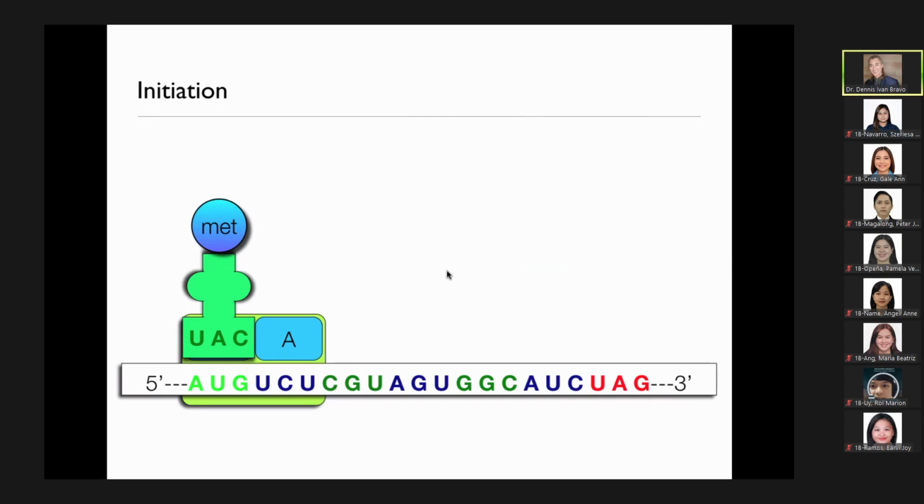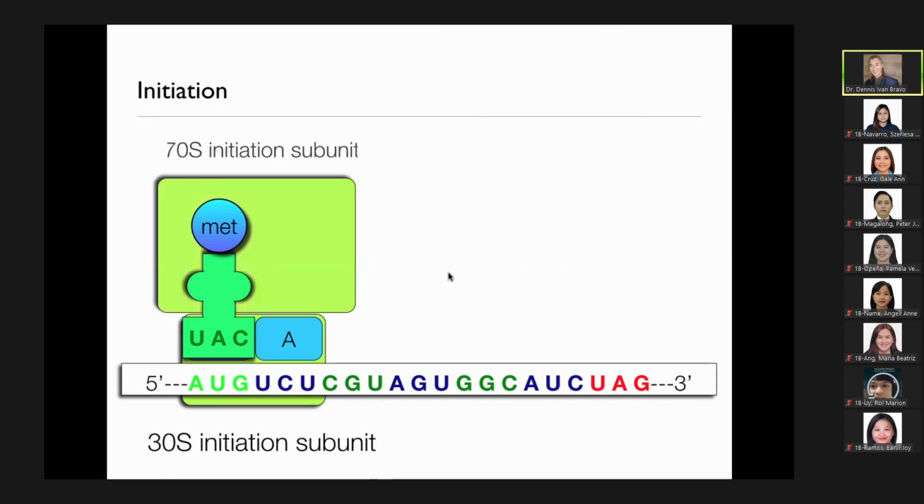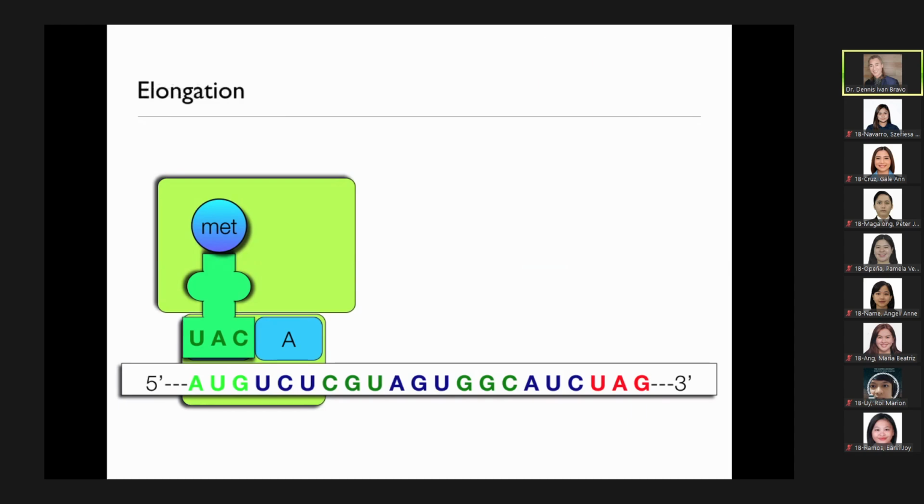Last to join is the large ribosomal subunit. So it forms the complete 70S initiation subunit. It will be phosphorylated and ready to move on to the next phase, which is elongation. So UCU, aligned with the A site, is ready to accept the next codon, which is serine, carried by tRNA.